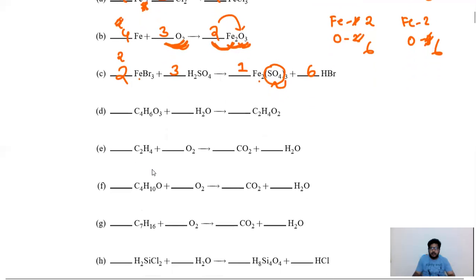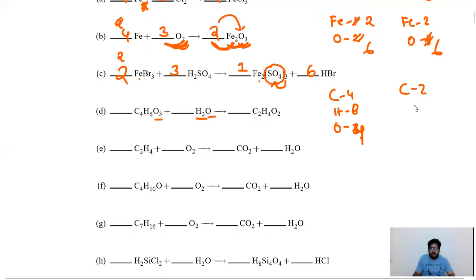And you see this D, how many carbons? 4, hydrogens 6, oxygens 3 plus H2O means hydrogens here also are there, we have to count. 6 plus 2 it is 8, 3 plus 1 it is 4, reactant side.